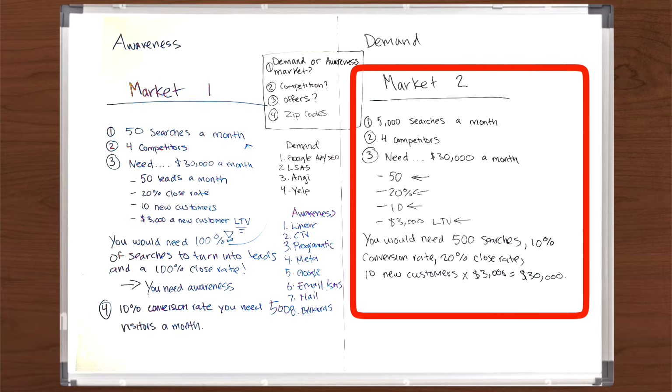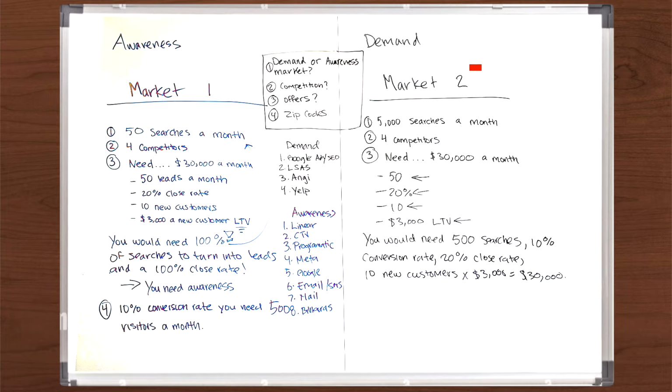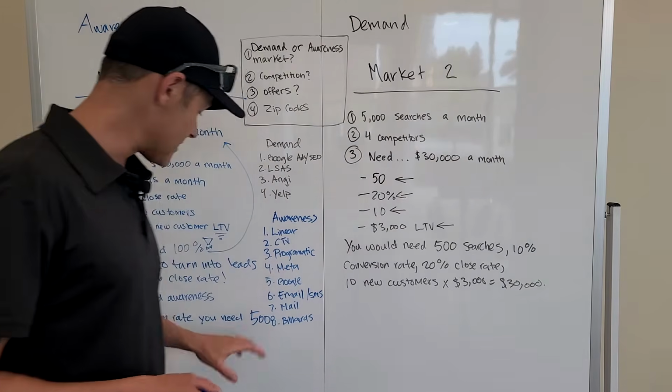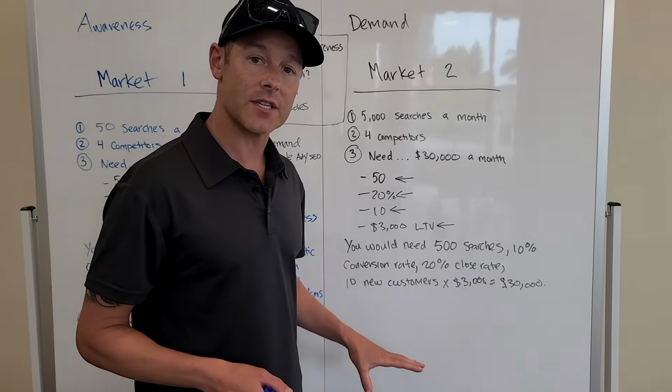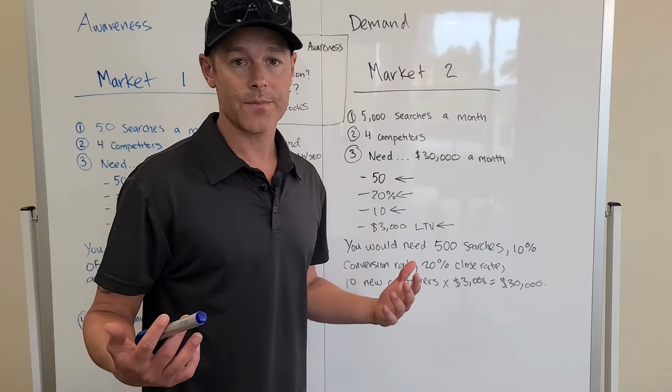If we still assume 50 leads a month, 20% close rate, 10 new customers, and a $3,000 lifetime value, you still need 500 visitors a month, you still need a 10% conversion rate, you still need a 20% close rate, and you still need 10 new customers a month that are $3,000 customers to get to this. But the big difference is you only need 1% of the demand to come in order to get to these 500 new visitors that you need. It's the same model. 500 new visitors.